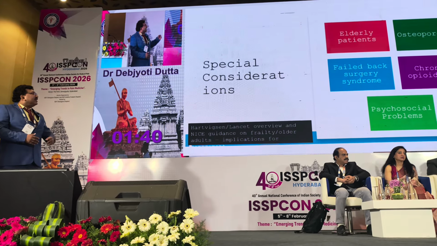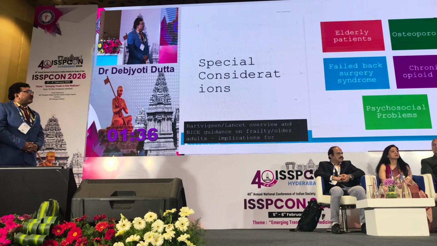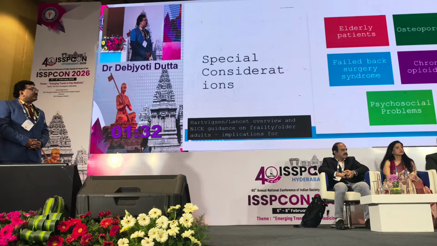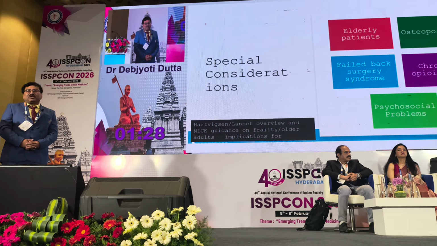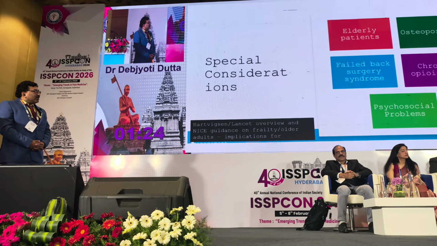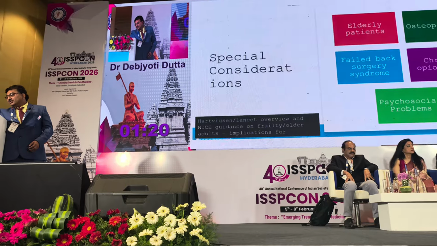And at the end, we have to take special considerations for the elderly population, osteoporotic patients, failed back patients, chronic pain patients, chronic opioid use patients, and patients with psychological problems. In those cases, you should definitely consult a psychiatrist with pain experience.